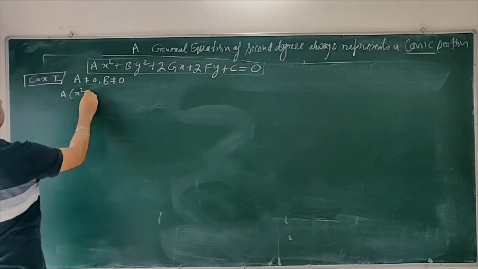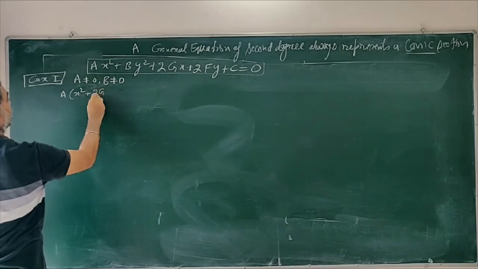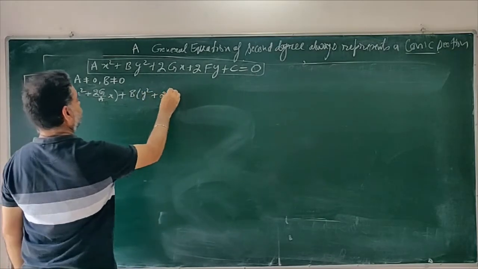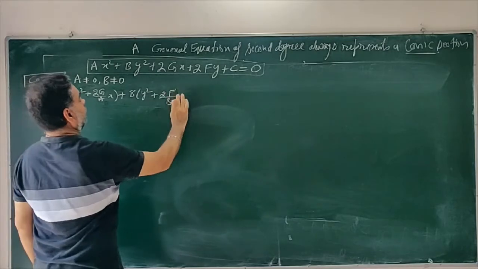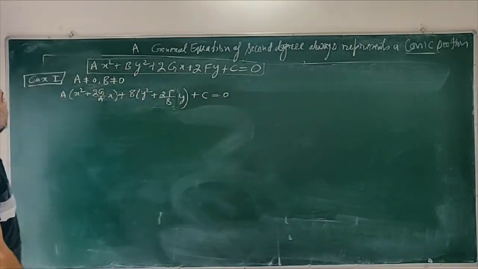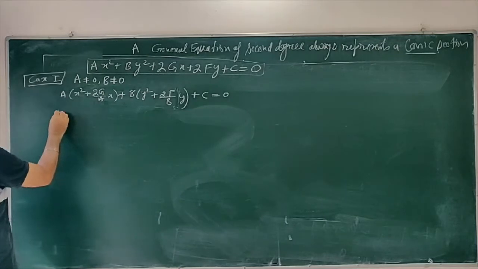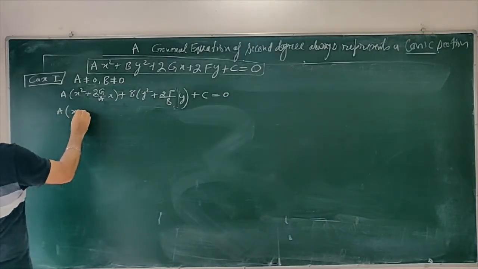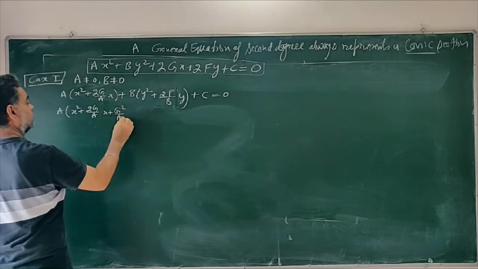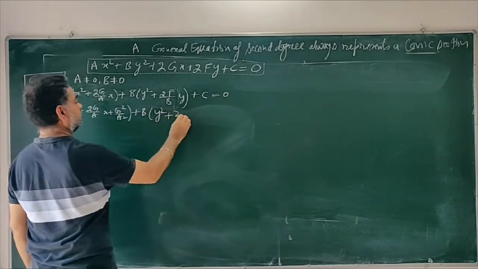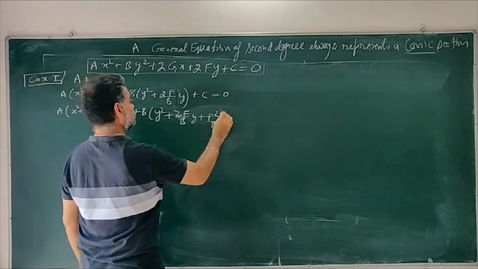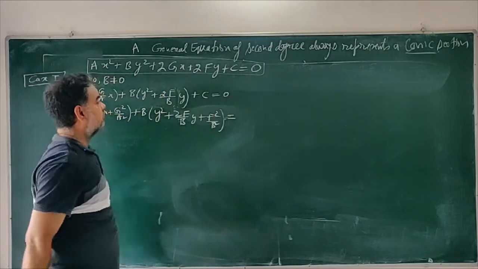a times x squared plus 2g over a x plus b times y square plus 2f over b y plus c equal to 0, and this can further be written as, by completing the square, a into x square plus 2g over a x plus g square over a square, plus b into y square plus 2f over b y plus f square over b square, and this c can be written to the other side.